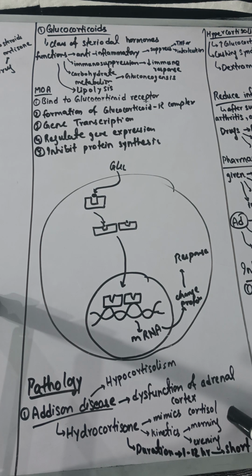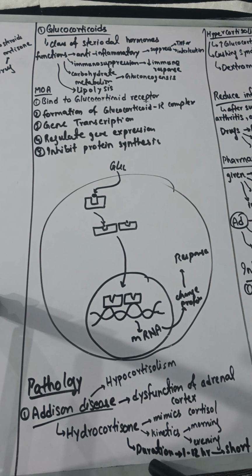In the morning you will give two thirds of that dose, and in the evening you will give one third of that dose. So you have to divide your dose into three parts. The first two parts are given in the morning, and the last part is given in the evening. That is very important, because in the morning and in the evening the levels of cortisol are naturally high, so you have to give the synthetic drug at that time.